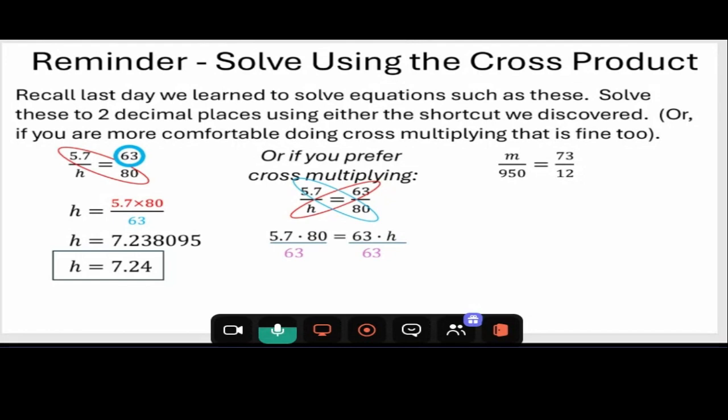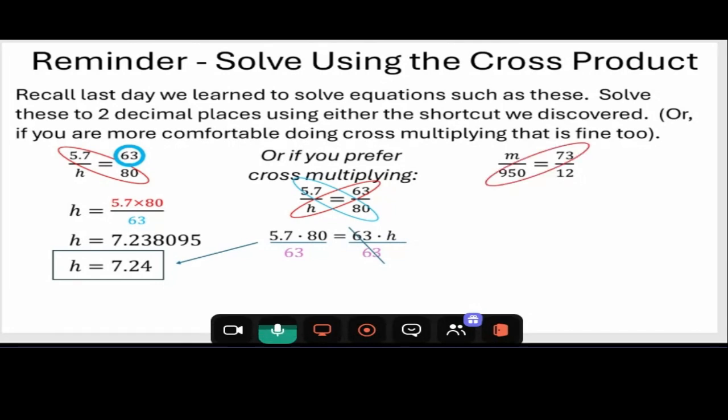And then I divide both sides by 63 because that will make the h become by itself. And I'm not going to carry on going down there because you can see we end up on the left with exactly the same thing. 5.7 times 80 divided by 63. Look over here. 5.7 times 80 divided by 63, right? So cross multiplying just has that extra step along the way. But if you like that and if it makes sense to you, that's great.